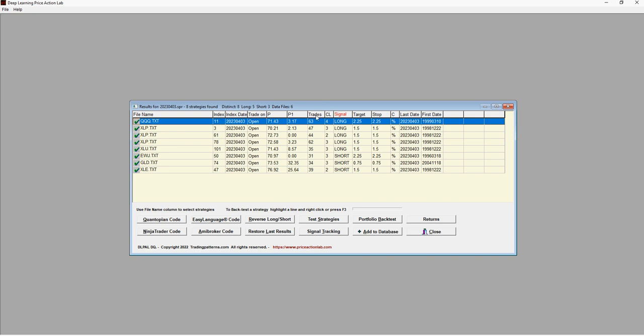Now, as you see, the number of trades is relatively small, and we don't know whether these anomalies are statistically significant or random. So what we will do is perform a portfolio backtest.